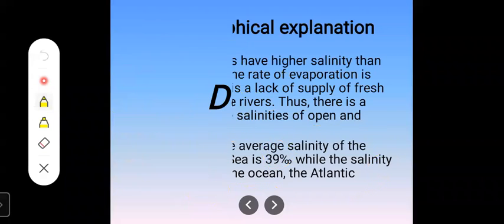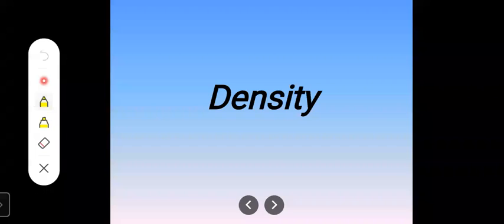Then next, the third major property of sea water is density. Now, see here. Let's first study density in very simple words.